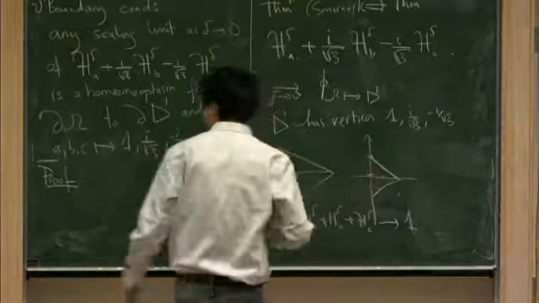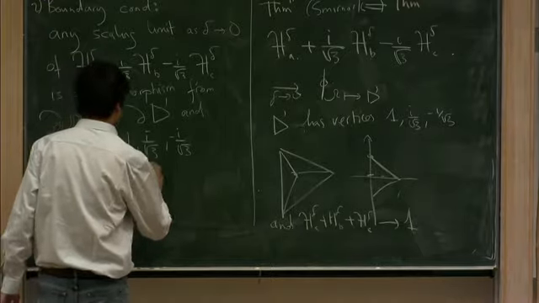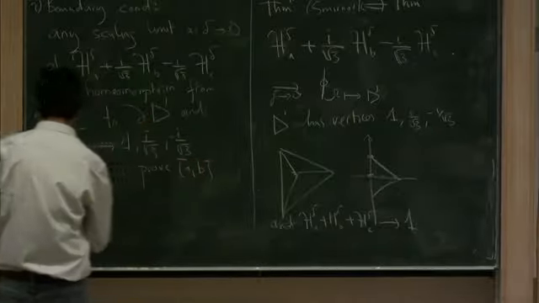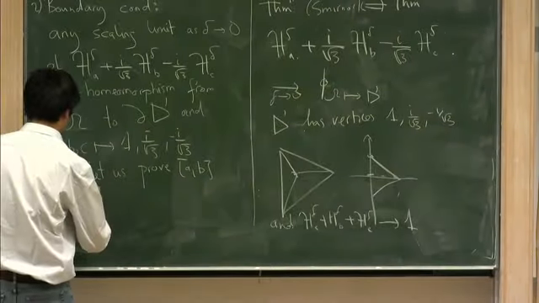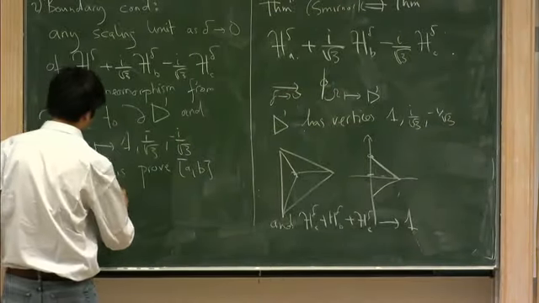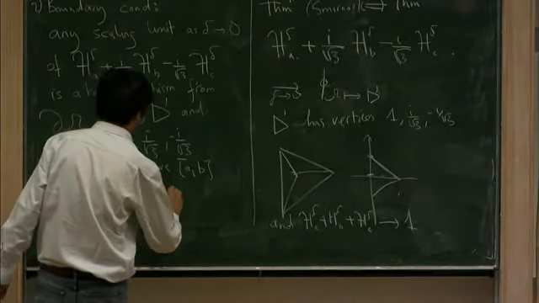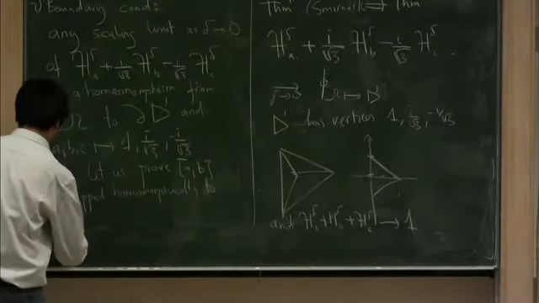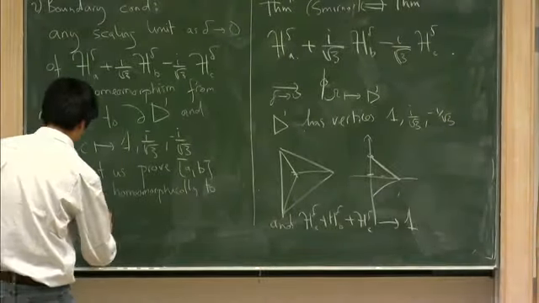So, let us prove that AB gets mapped homeomorphically to the segment from 1 to i over root 3. Okay.